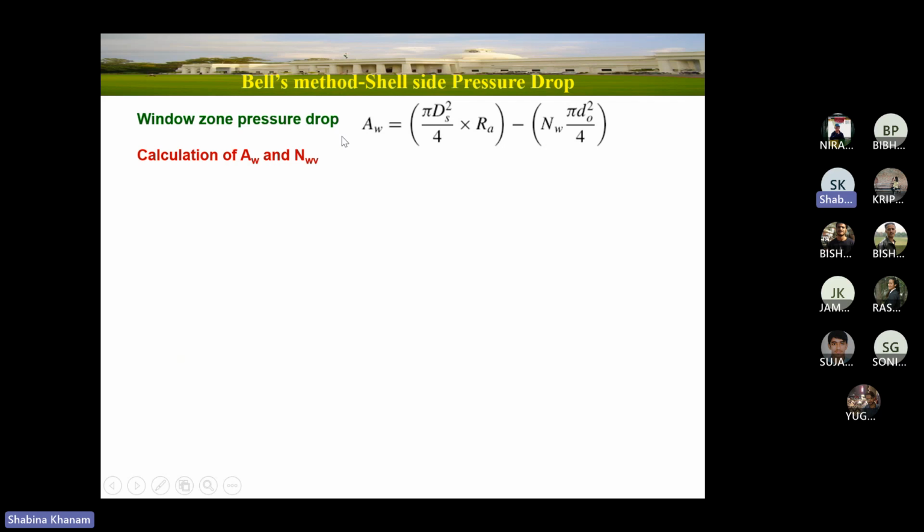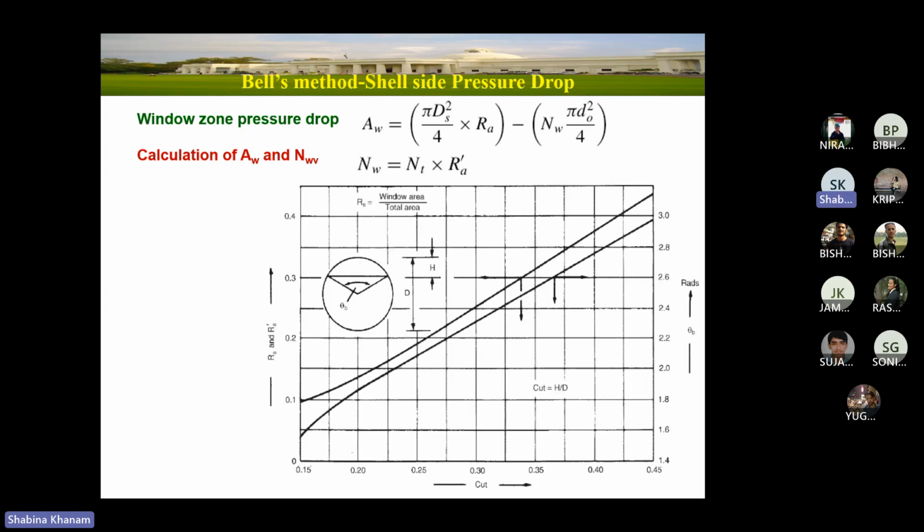AW, when I am considering, is basically the flow area in the window zone. If I consider this pi ds squared by 4 into RA, RA you can find from here. RA, as we have discussed, is basically the window area by the total area, and this is nothing but the total area, right? RA you can see from this graph at the baffle cut.